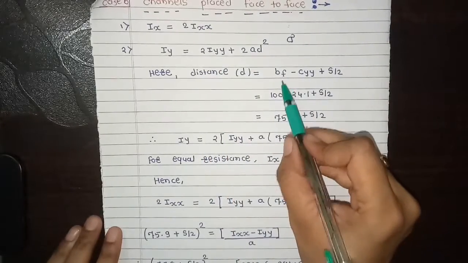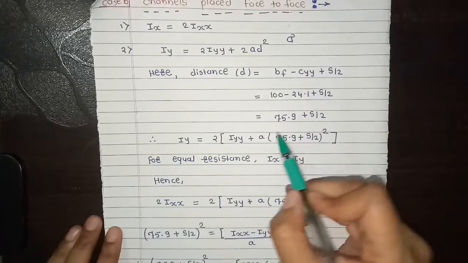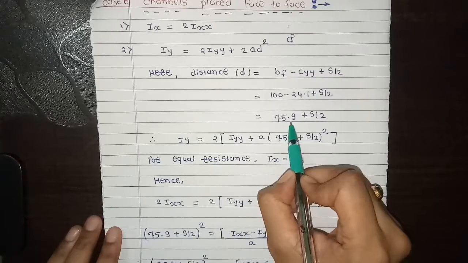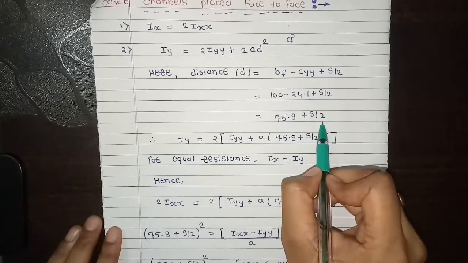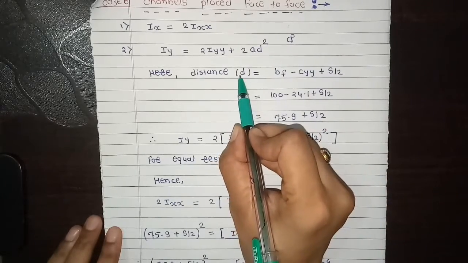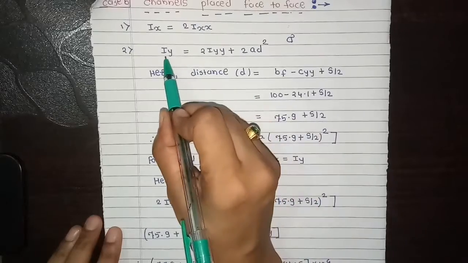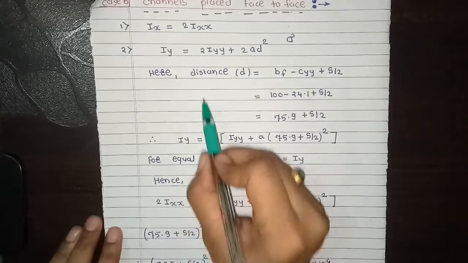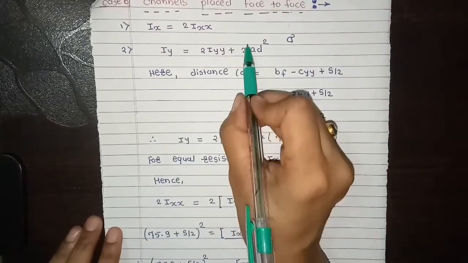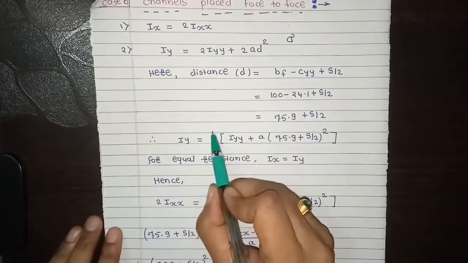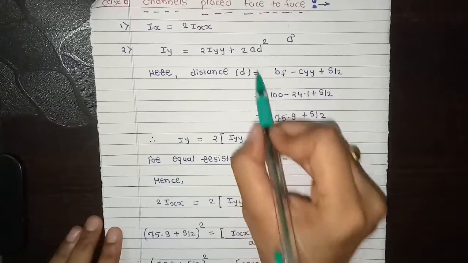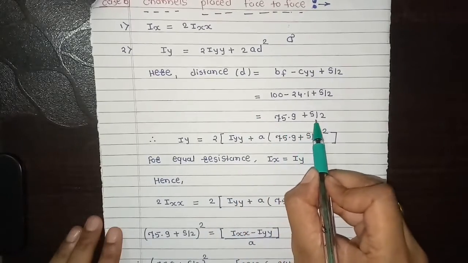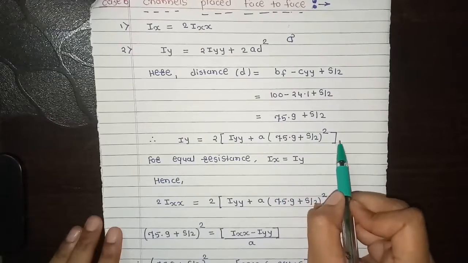So put the value of BF and CYY, then we get 75.9 plus S by 2. Put the value of small d in this equation, then we get Iy is equal to 2Iyy plus A, with 2 common, Iyy plus A in bracket (75.9 plus S by 2) whole square.